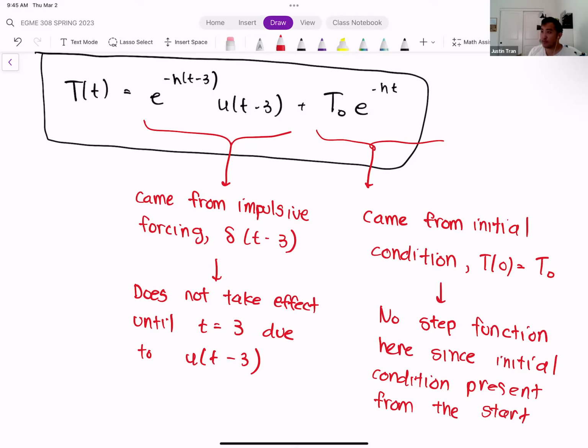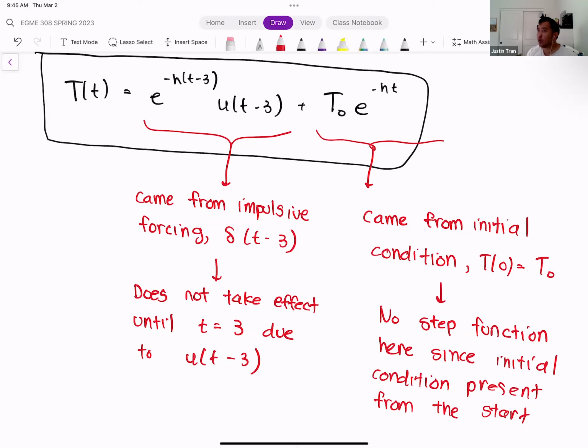So it's a subtle point, but it's one that I hope you take away from this week: what's unique about these step and impulse functions is that they can provide forcings that happen sometime in the future. That's the main utility of step and impulse functions. Before this, when we were doing just differential equations by themselves, we either had initial conditions or forcing functions that were persistent throughout the entire time.